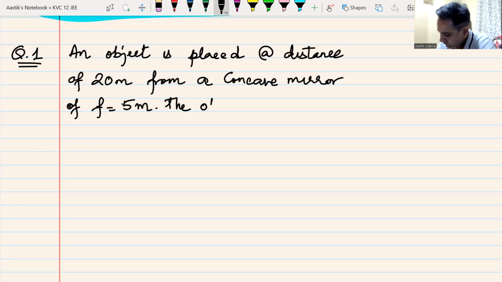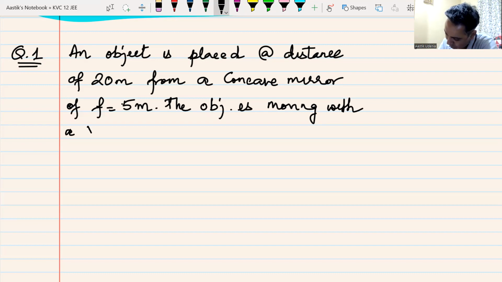The object is moving with a velocity of 2 meter per second.